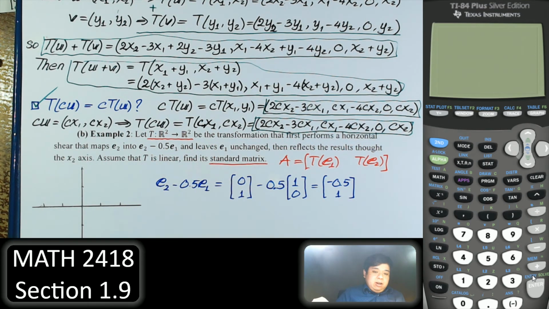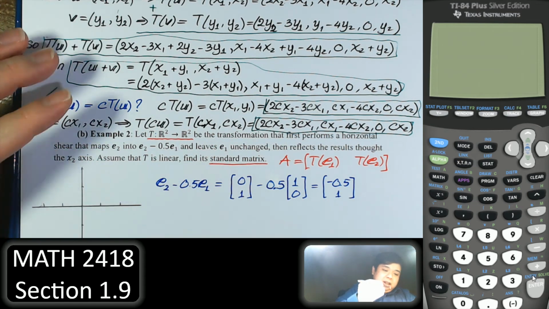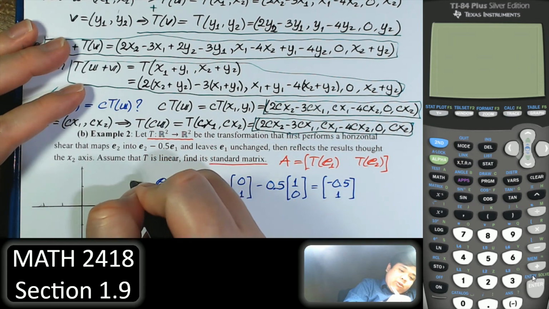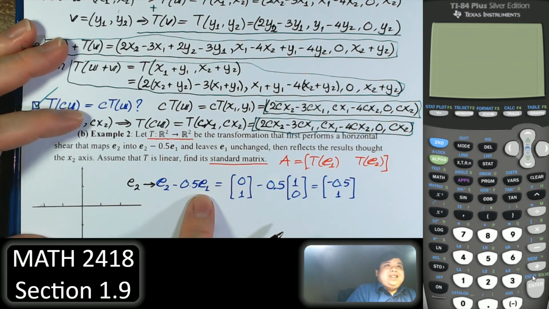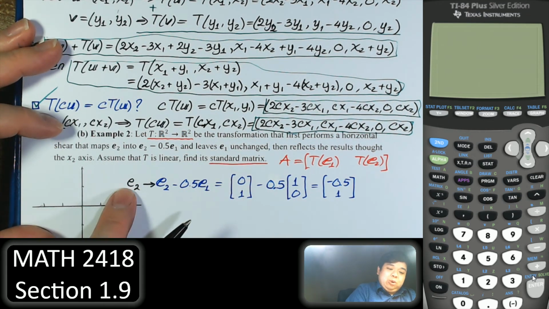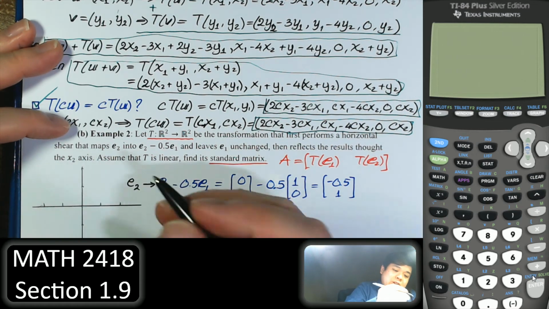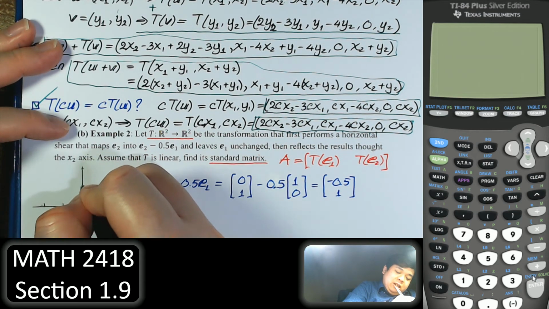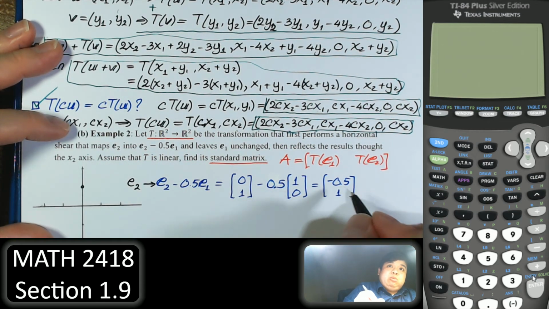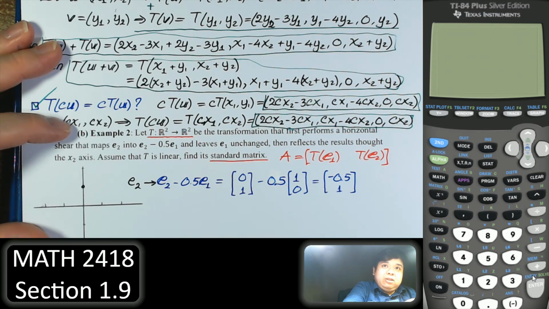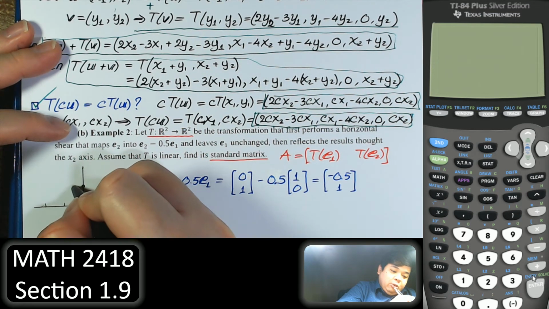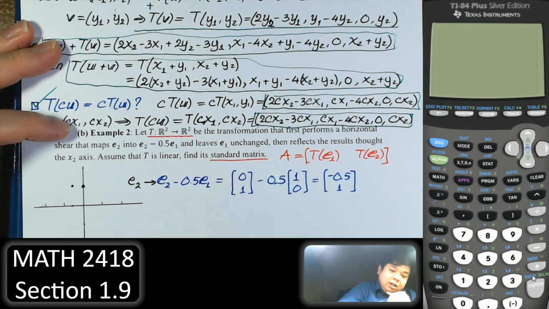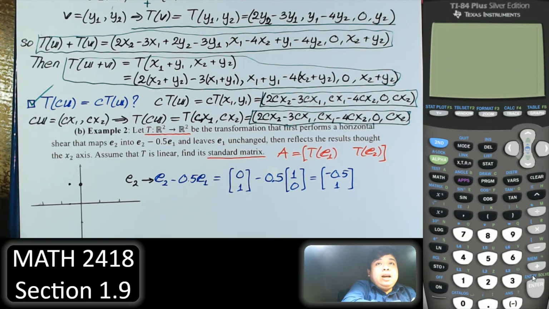So in the first transformation, E2 maps to that, right? The original E2 is here. It's going to map into negative 0.5 and 1. So it will be here, negative 0.5 and 1.